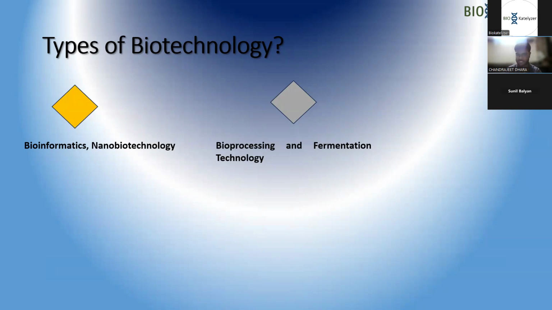Now the gray biotechnology. Gray biotechnology basically signifies bioprocessing and fermentation technology. Bioprocessing is something like, for example, if I am making a drug or a vaccine, a very simple thing, vaccine. We all know that we went through a COVID pandemic. Organizations like Serum Institute of India, Bharat Biotech, every organization was involved in vaccine production.